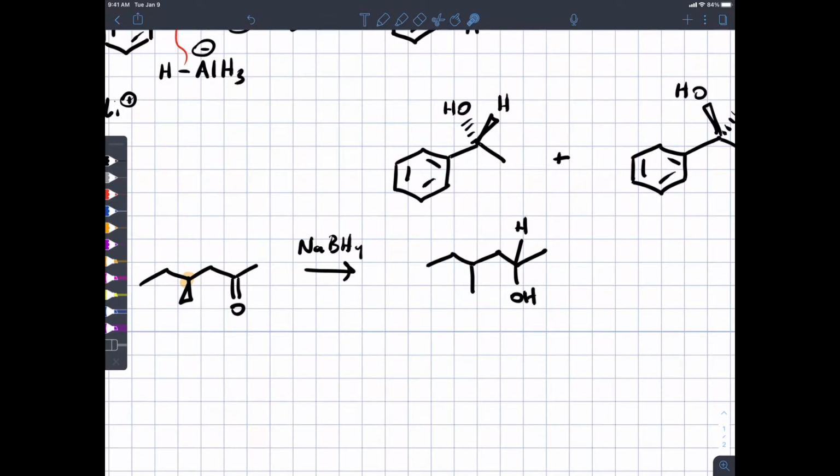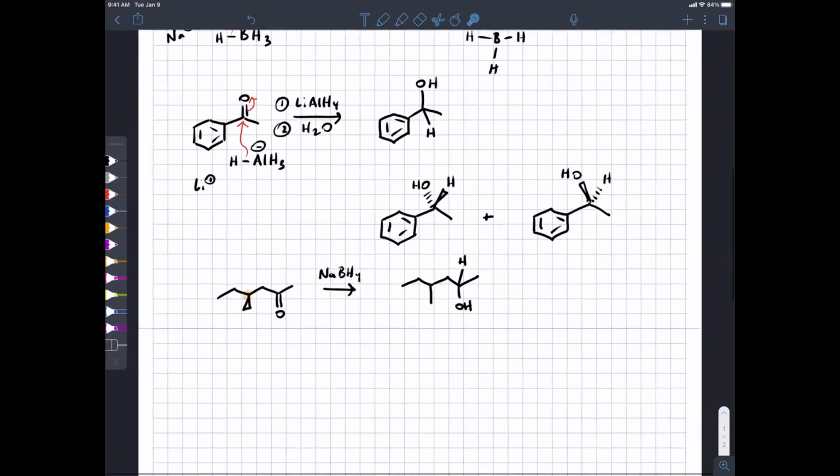If I draw it without any dashes or wedges there, I communicate that I think this reaction not only gave me both stereochemical configurations here, but also both configurations there. So it's laziness, but principled laziness. You can't be lazy with stereocenters that are shown to you with a specific configuration and are not involved in the reaction. Those have to stay the same, okay?